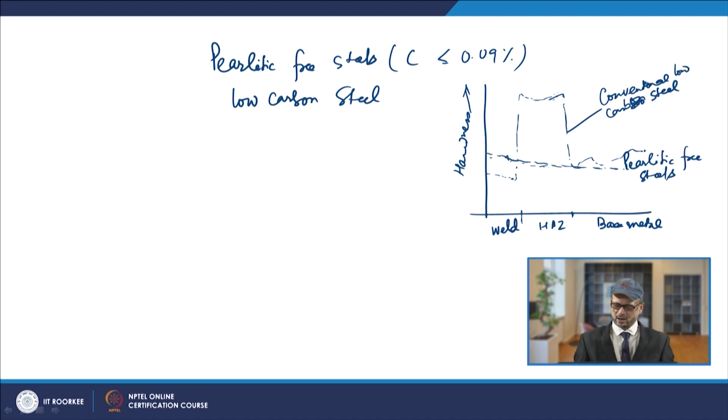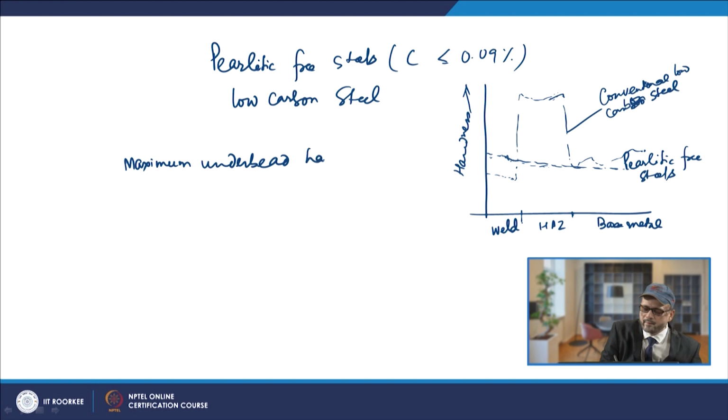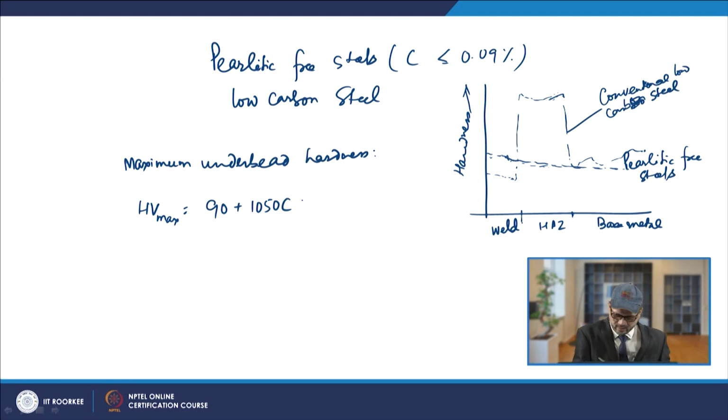The maximum underbead hardness which is expected for non-alloyed structural steels is calculated using a certain standard formula, given by Cottrell, who has suggested that this HV max, the maximum Vickers hardness, will be 90 plus 1050 C, plus 47 Si, plus 75 Mn, plus 30 Ni, plus 31 Cr.